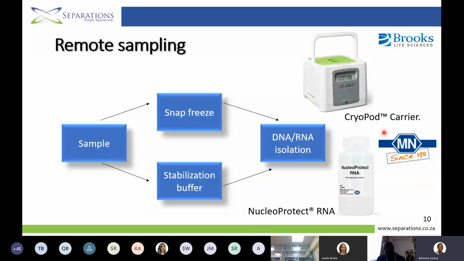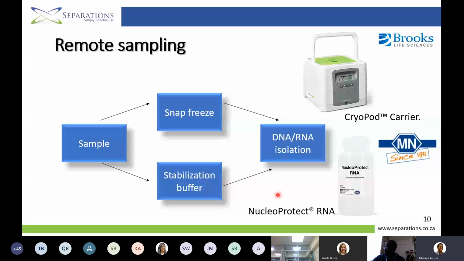Another solution for stabilizing your samples as an alternative is to use the NucleoProtect RNA from Macherey-Nagel. It's similar in efficacy, if not more so, to its competitors like DNA/RNA Shield or RNAlater. So it's the product that is produced by MN for that purpose.